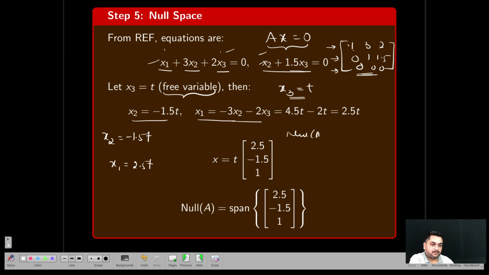Now this forms my null space. Write it as Null(A) equal to the span of t times (2.5, minus 1.5, 1). These values, the solutions you got, are the null space.